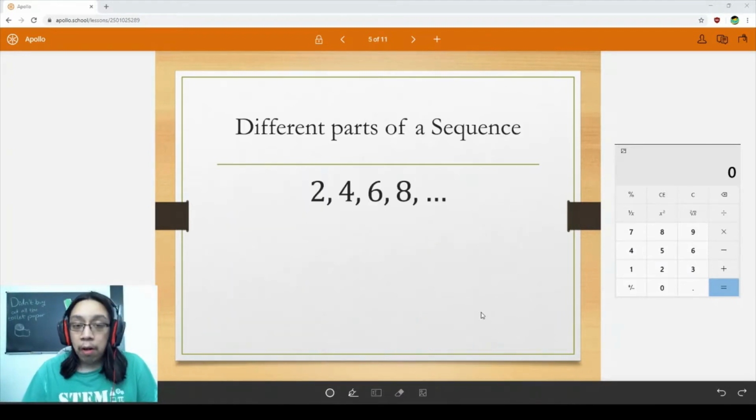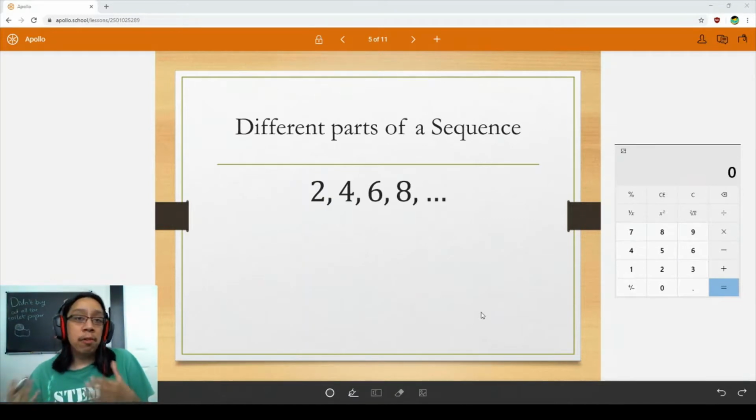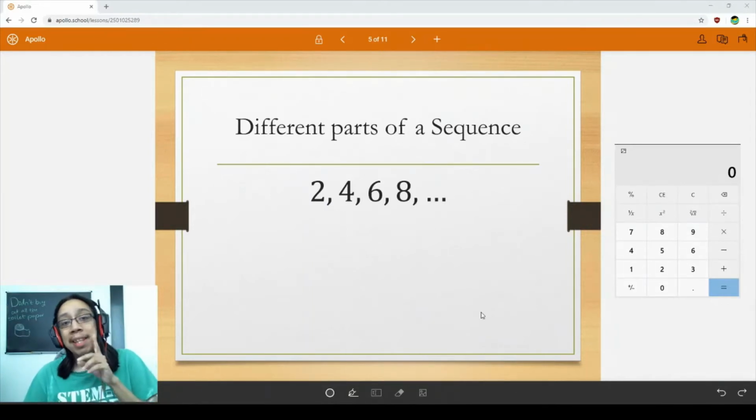Now, there are different parts of a sequence that you do have to be aware of. Every single number in a sequence has a very specific spot. That spot in the list or in that sequence is what we call a term. There are a couple of terms that we are going to be focused on, but the most important term out of the whole list is always going to be the first number in our list.